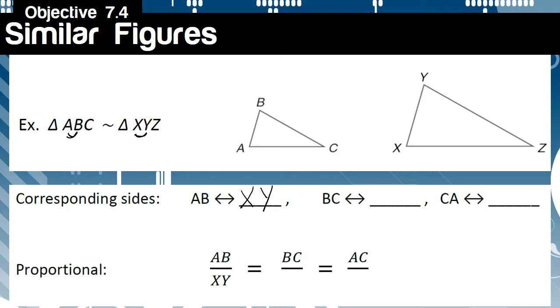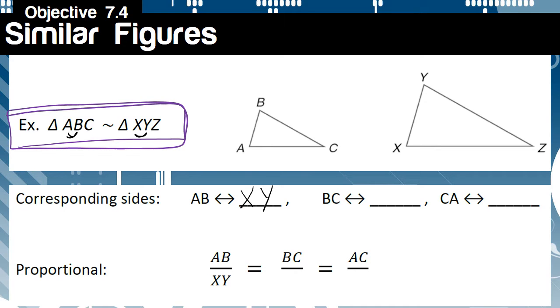We can know this one of two ways. We can look at this example for this information, or we can take a look at the picture. If the picture isn't really labeled, I like to go off of the example. That way I will always get it right. So the first two letters, AB, correspond to the first two letters of the second triangle, XY.